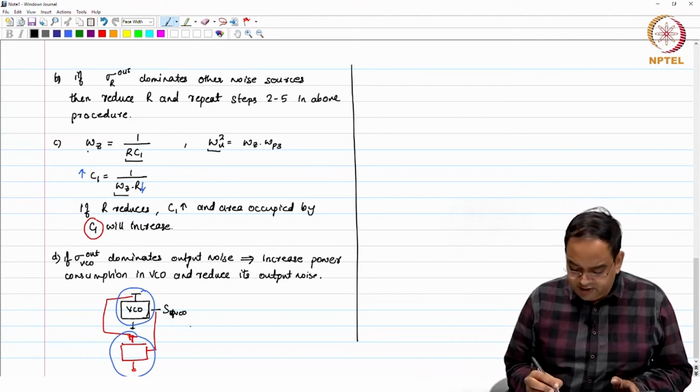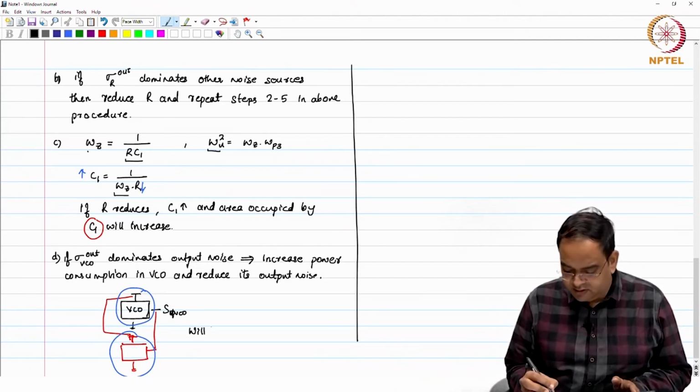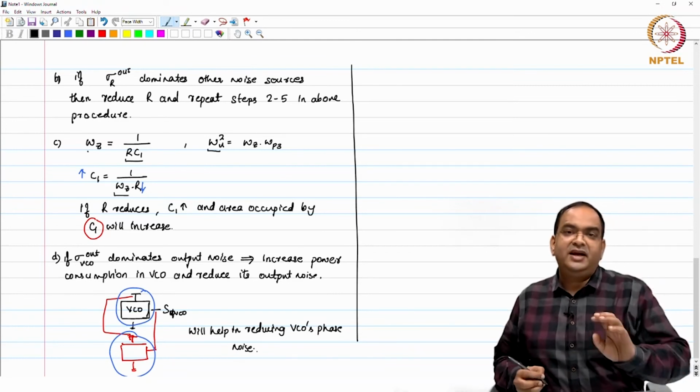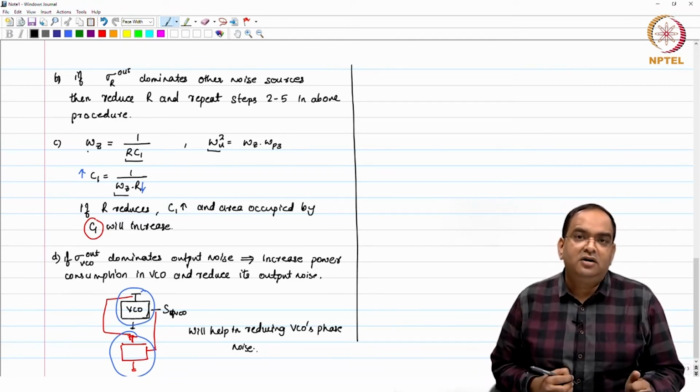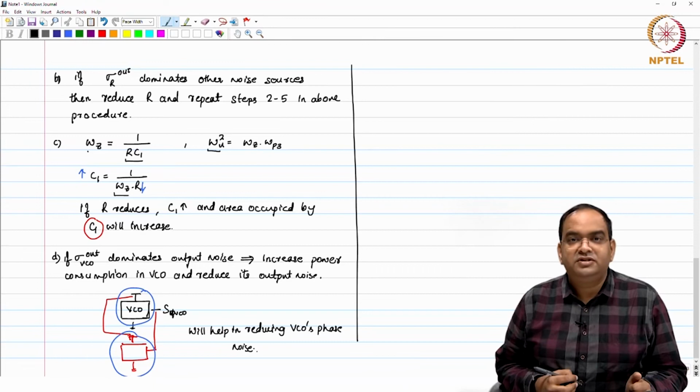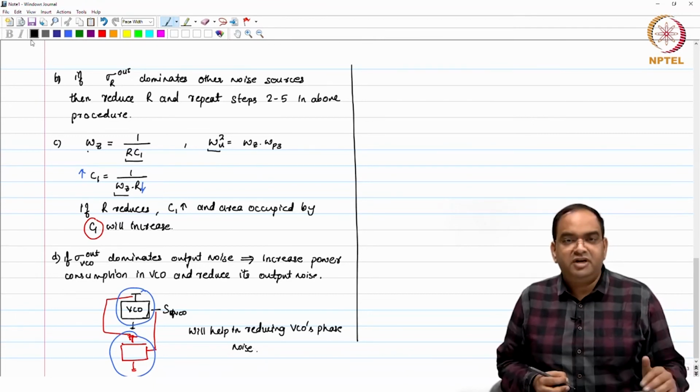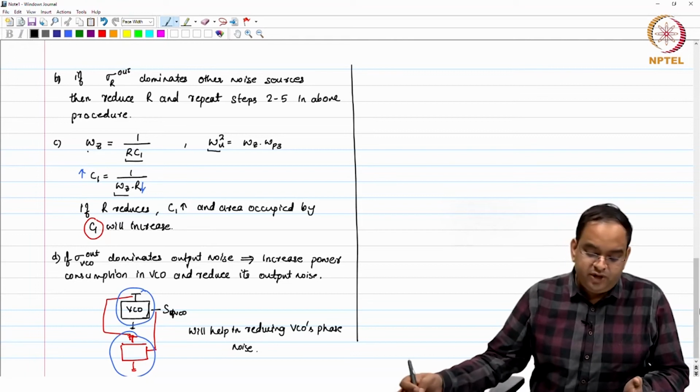Okay. So this will help in reducing the VCO's phase noise. I will do this if the VCO's noise dominates, and then I can again calculate the jitter versus sigma plot. If it is within the limits, good; if not, then I have to redo it.